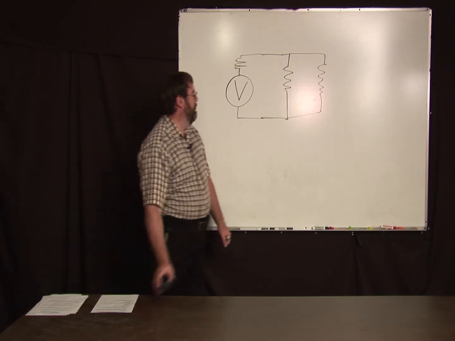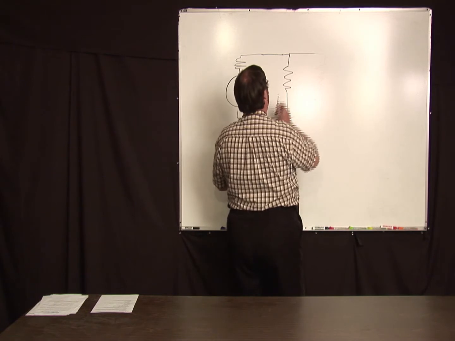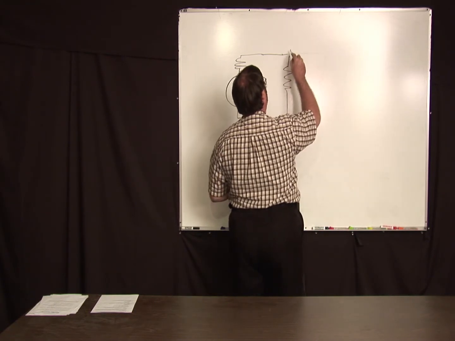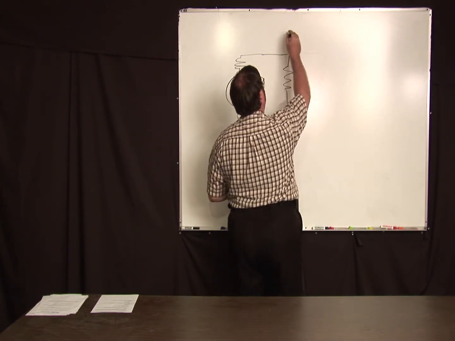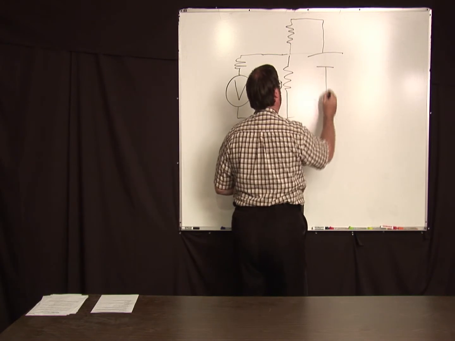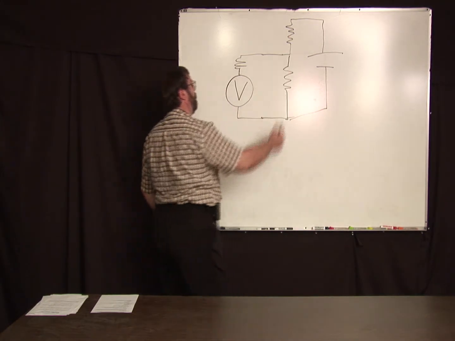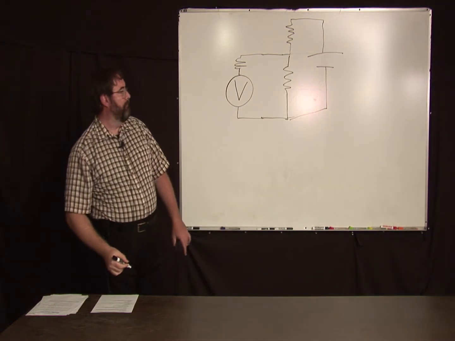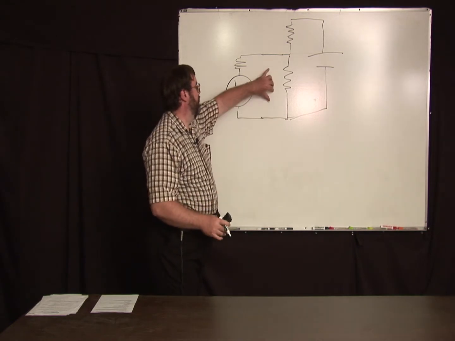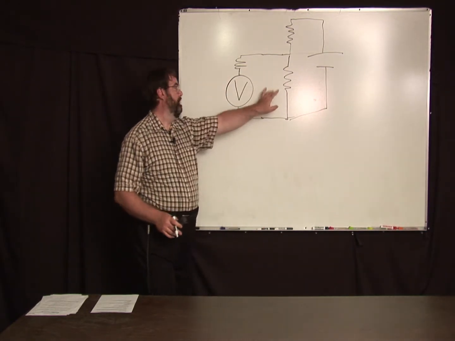In particular, what if you had this circuit? You had a battery. Well, this is what's called a voltage divider. So the voltage here depends on the voltage here and the ratio of these two resistances.